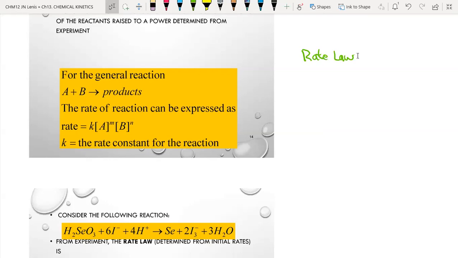So our reaction is A plus B, this is our generic reaction, making products. So again, by convention, we are going to express the rate law in terms of the disappearance of A and the disappearance of B only. We are not going to express rate laws in terms of products.